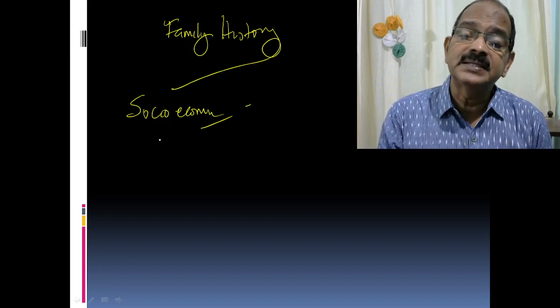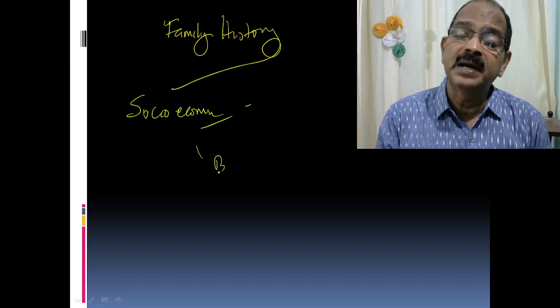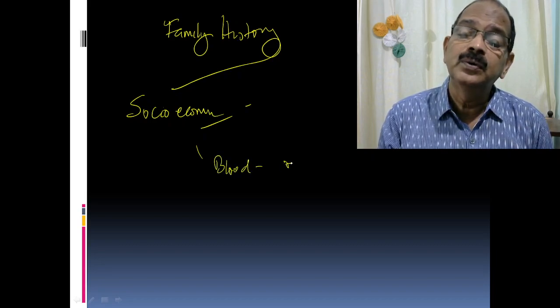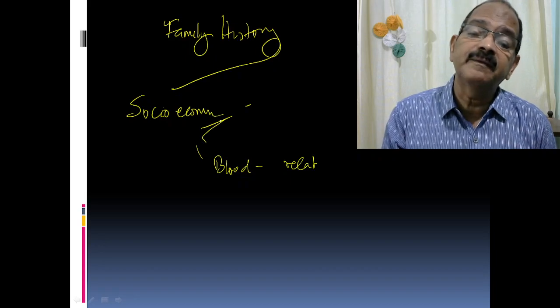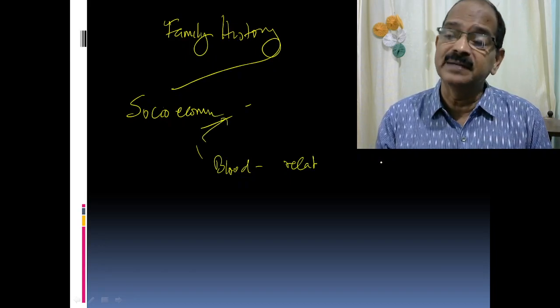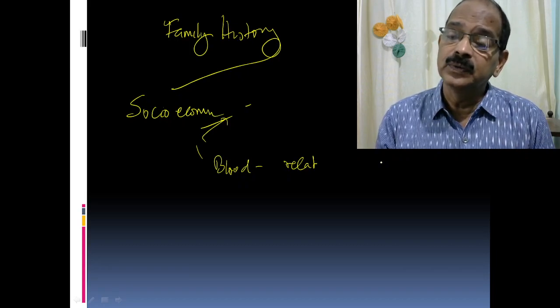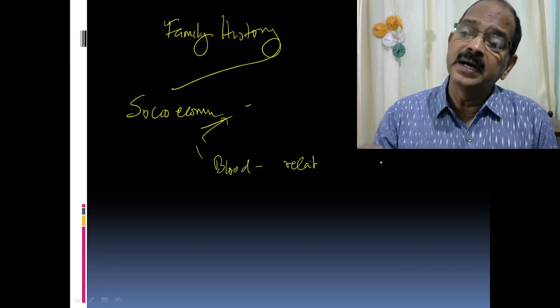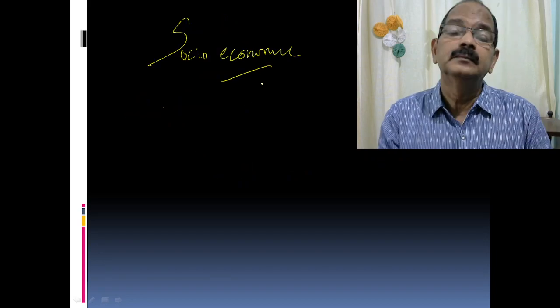So that is the second part of the family history, blood relatives, and that is a true genetic history. The first is also family history, but a little bit of the social aspect is involved within the family. So in-laws may be having an infectious disease like tuberculosis.